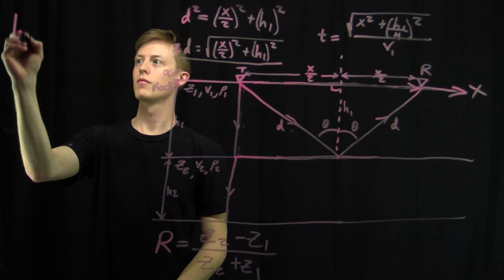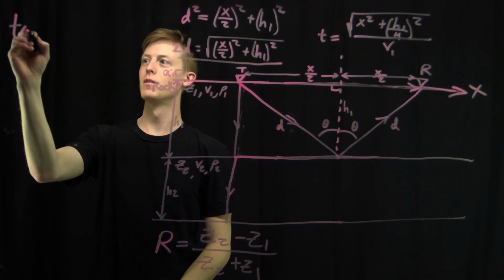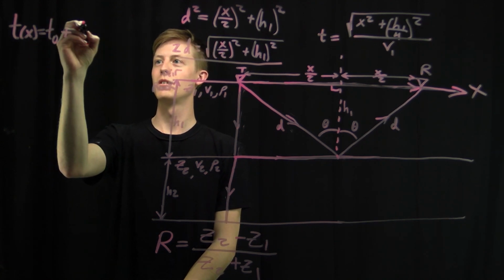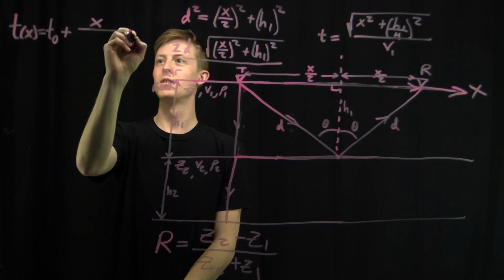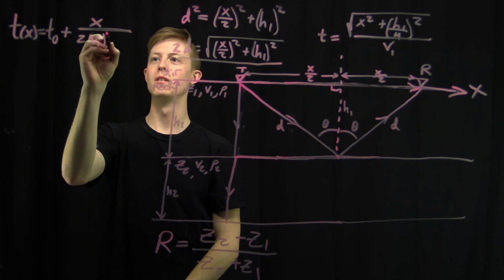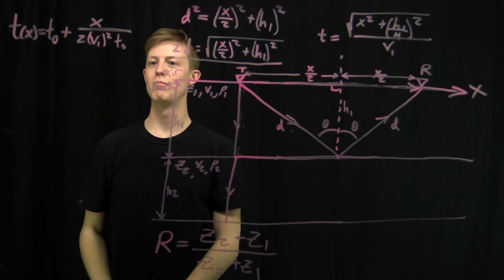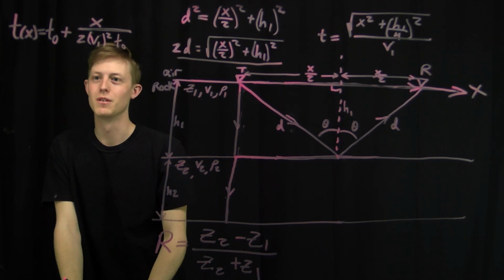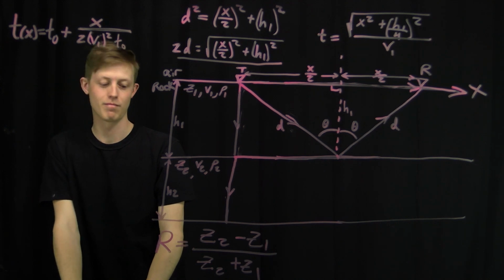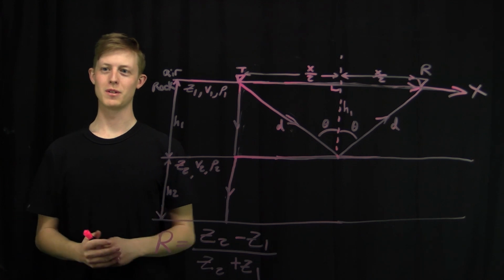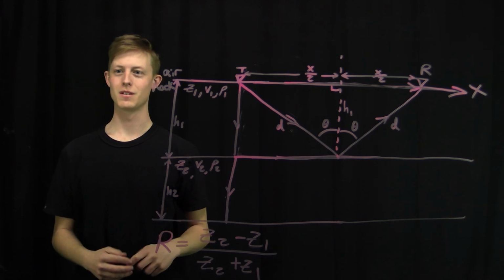So I'll rewrite that equation for t as a function of distance: it is equal to the initial time you sent out your signal plus the distance your friend is along the trail over twice the velocity times that initial time. And so this is the basic equation that we use in seismology. And this picture is a basic schematic, and it holds true for almost any situation you might see in seismology, which is great.